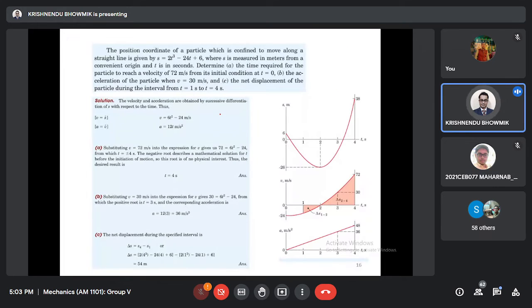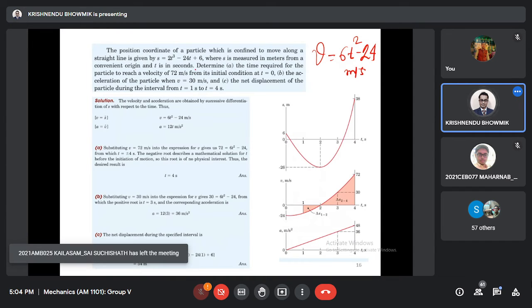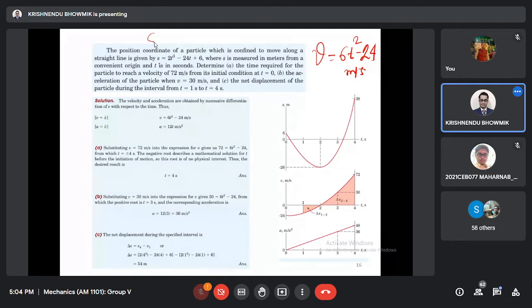Say one example is given. It is given that s equals 2t cube minus 24t plus 6.